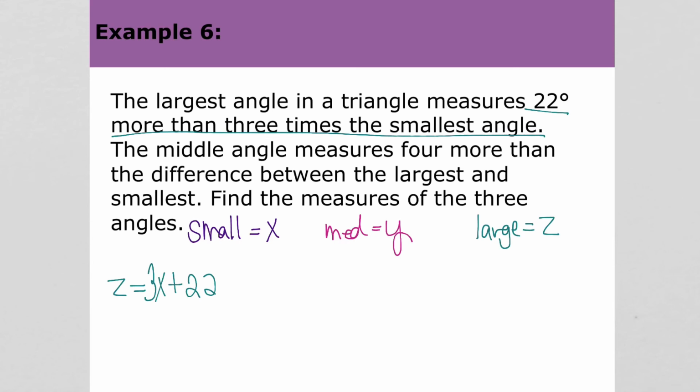It says the middle angle measures 4 more than the difference between the largest and the smallest. So the medium angle is 4 more than the difference between the largest and the smallest. So large minus small. And it says find the measures of all three angles.